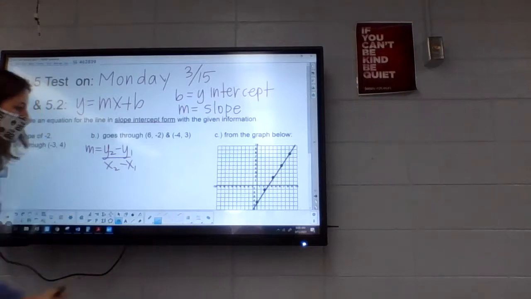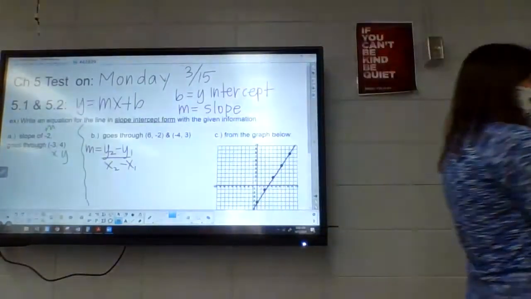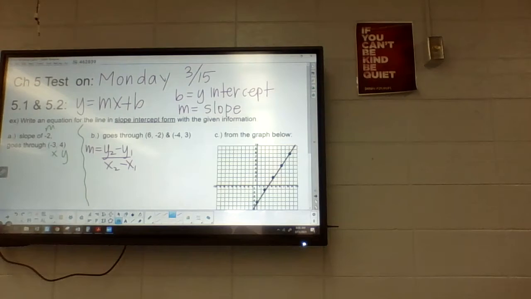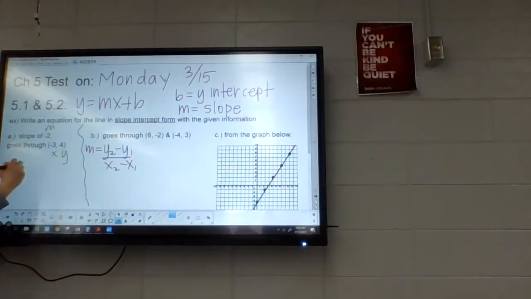So if you guys have the slope here, and then we have a y and x, we're going to find b, or x and y, sorry. We're going to find our b in this case. So problems like this, obviously, we're going to do a lot of these. We've been doing a lot of these throughout the time in this chapter. But hopefully at this point you guys are pretty comfortable with them. We're going to go ahead and set up to find b.